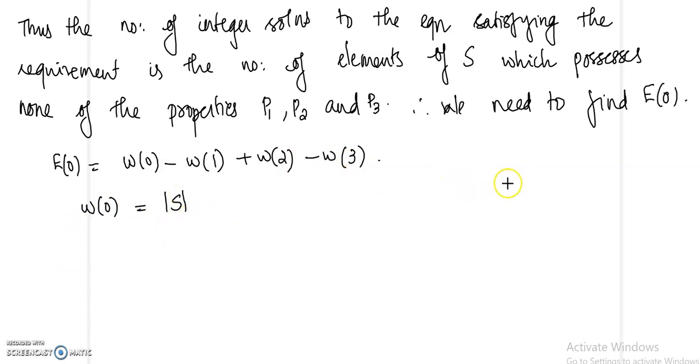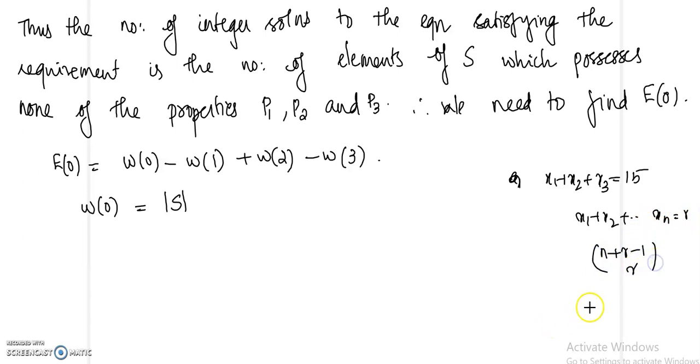S is the number of non-negative solutions of x1 plus x2 plus x3 equal to 15. Okay, so this is in the form x1 plus x2 plus ... plus xn equal to r for me. Then the number of integer solutions will be (n plus r minus 1) c r.